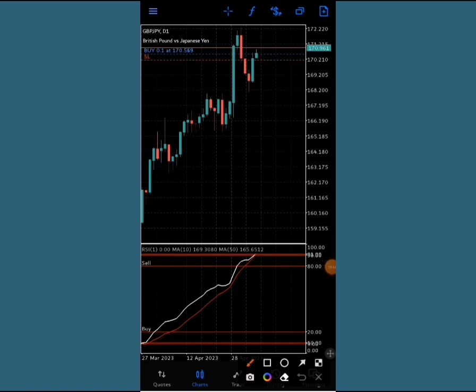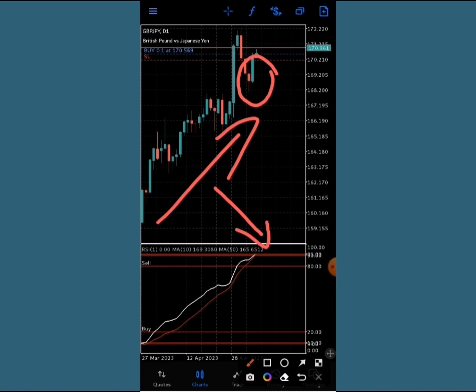If you go to a higher time frame like the daily and you notice a bullish engulfing candle, you can just enter a buy without any extra confirmations. You just have to make sure that it is an uptrend and you are seeing a bullish engulfing candle. The opposite is true. If it's a downtrend and you are seeing a bearish engulfing candle, from there you can enter a sell.